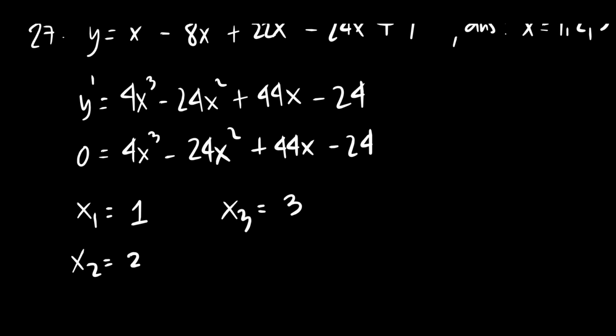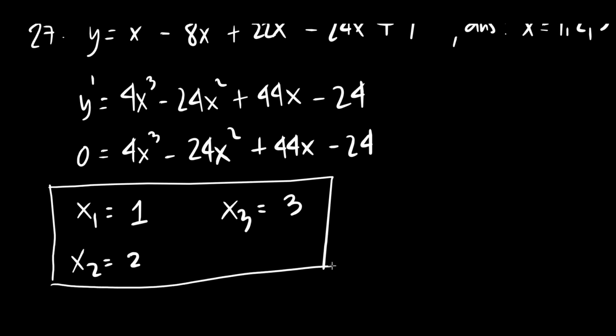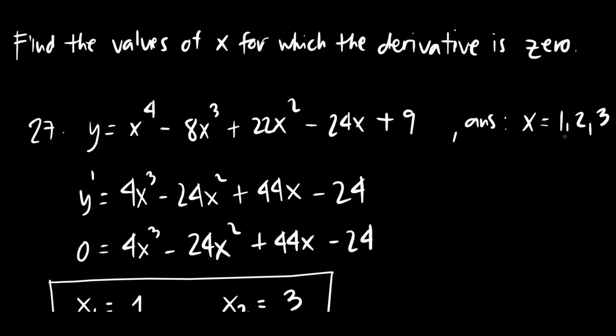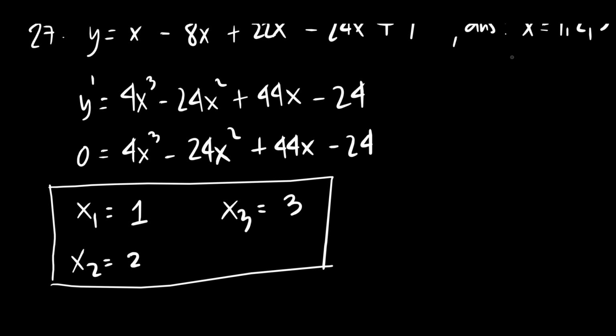So by the calculator, these are now the values of x when the derivative is 0. Let's check if our answer is correct. The answer is x equals 1, 2, and 3. So our answer here is correct.